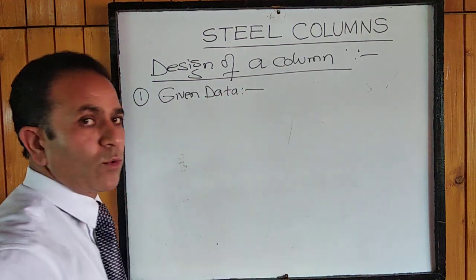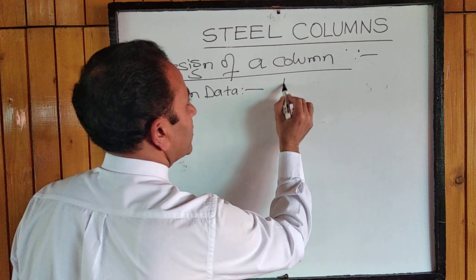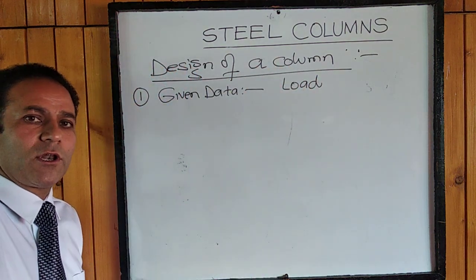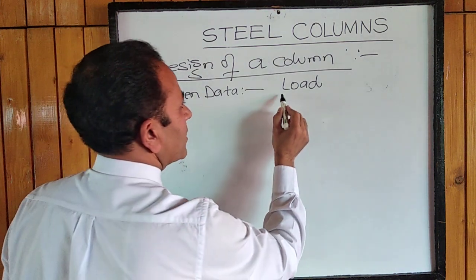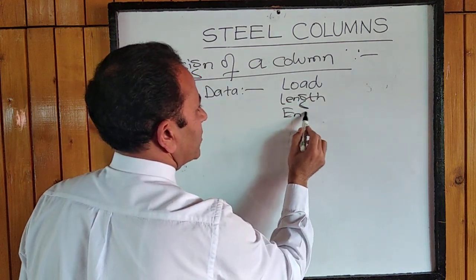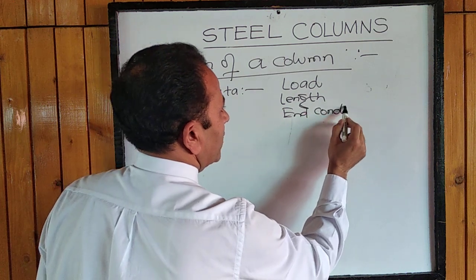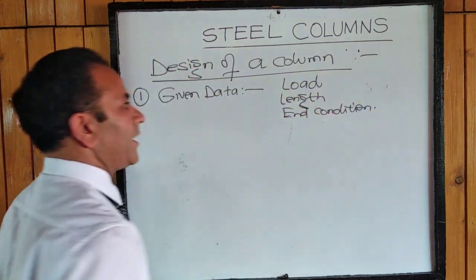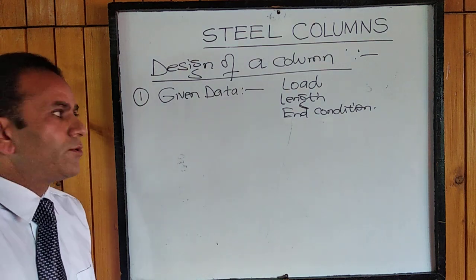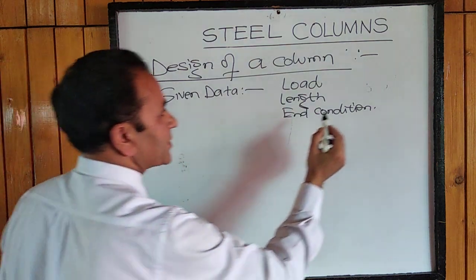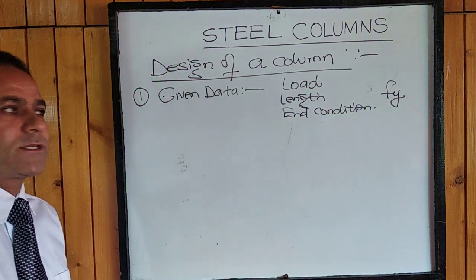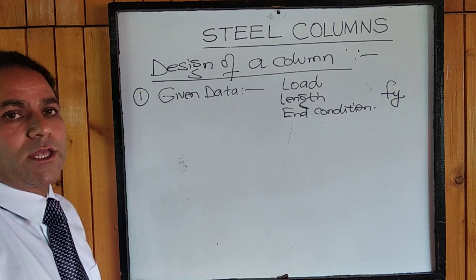There will be no section provided to us, but we will be provided with the load the column has to carry safely, plus the length of the column. And the end conditions are important. What end conditions are there? The length of the column and the load which it has to resist. Yield stress Fy should also be known to us, or if it's not given, we can assume the value suitably.